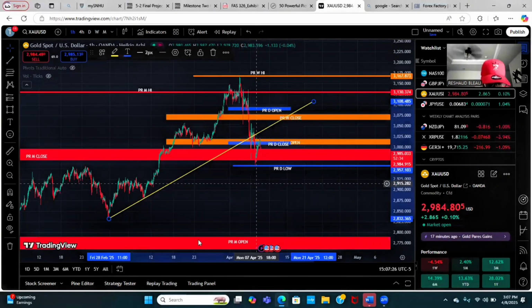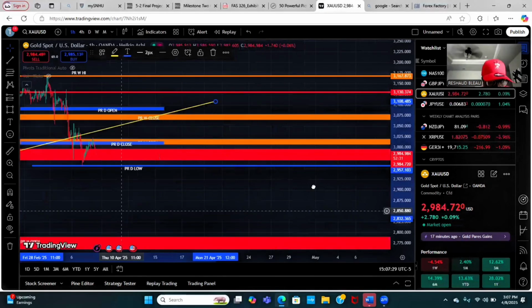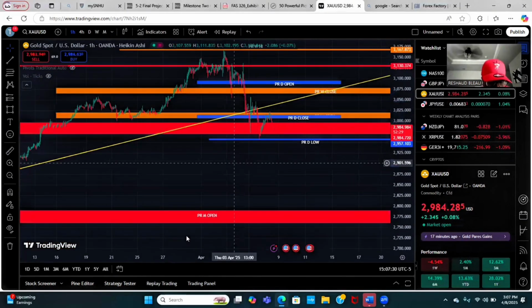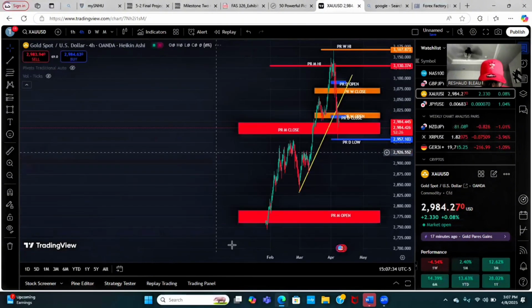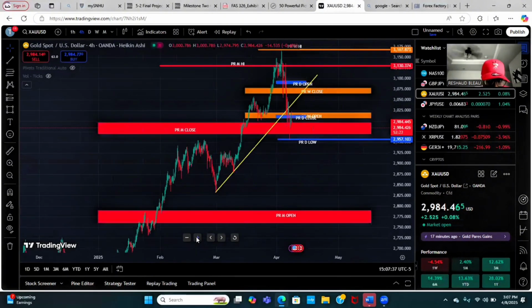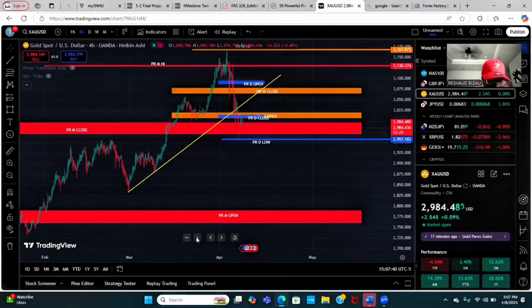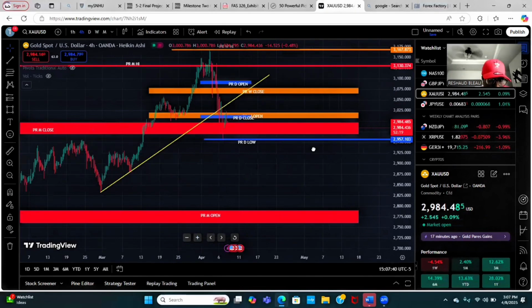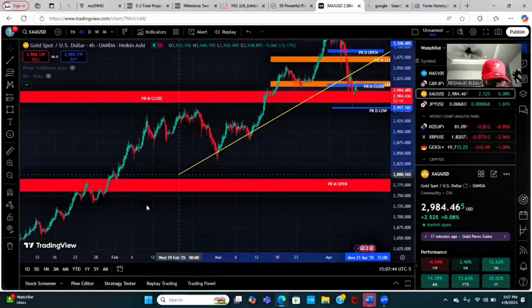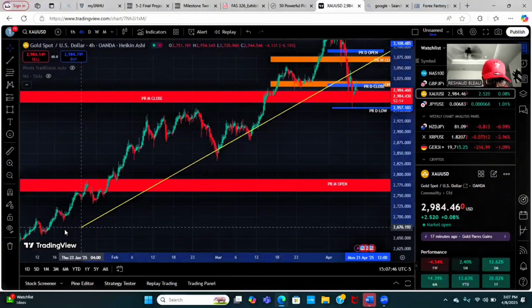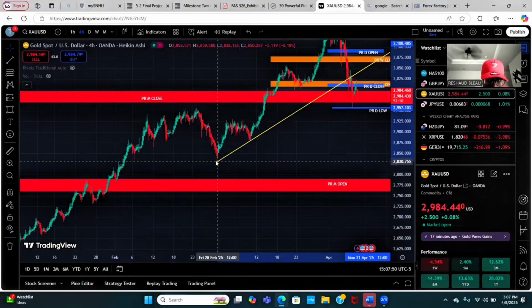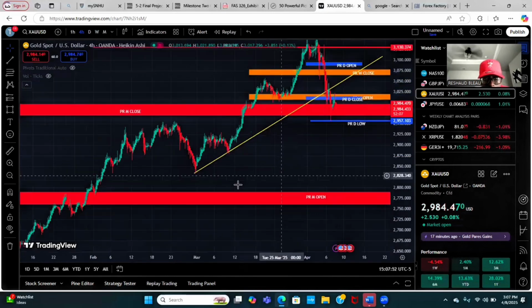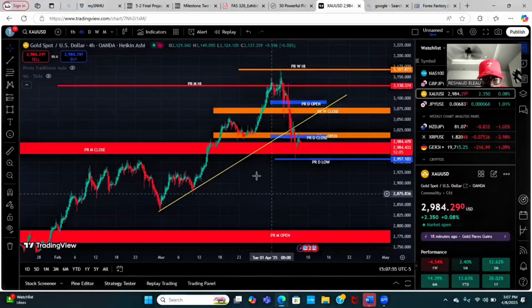Then it kind of broke that. Yeah, it's a nice little trend, because you can actually put it back to here. So it's one, two, and then when price touched it the third time, it broke it.